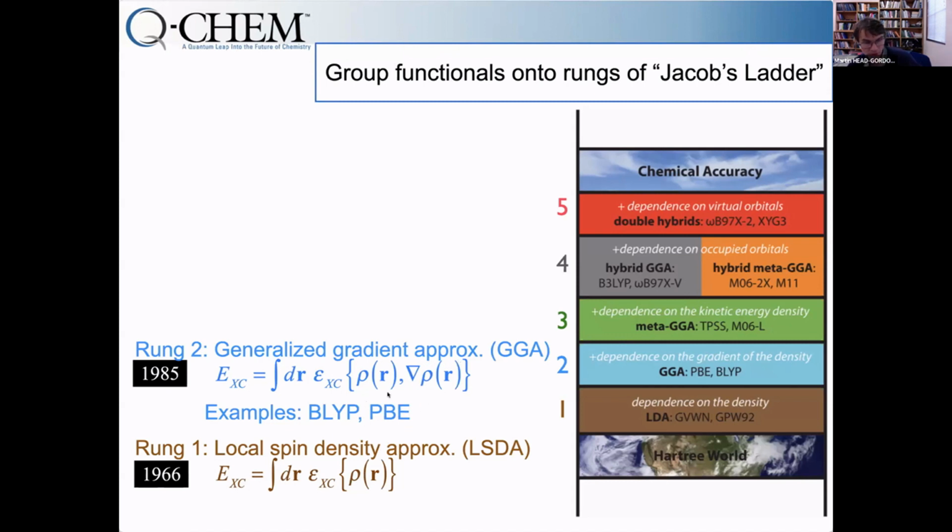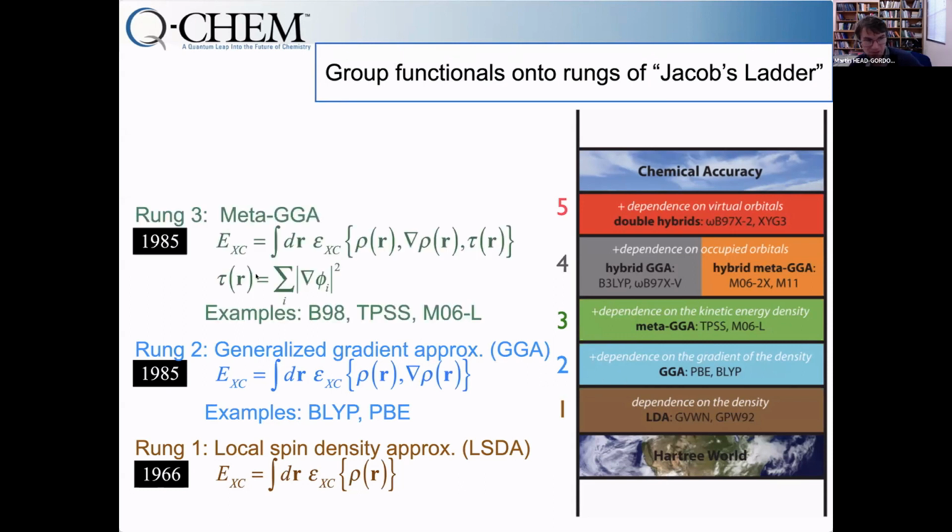To go beyond uniform electron gases, you need to consider non-uniformities. And if you want to keep this audacious 1-point correlation and exchange functional in terms of the density, then you should consider inhomogeneities in the density. So the density gradient would then be the simplest inhomogeneity, and those are GGAs. If first derivatives might give you something that's better, then maybe second derivatives in some form or other would be even better.